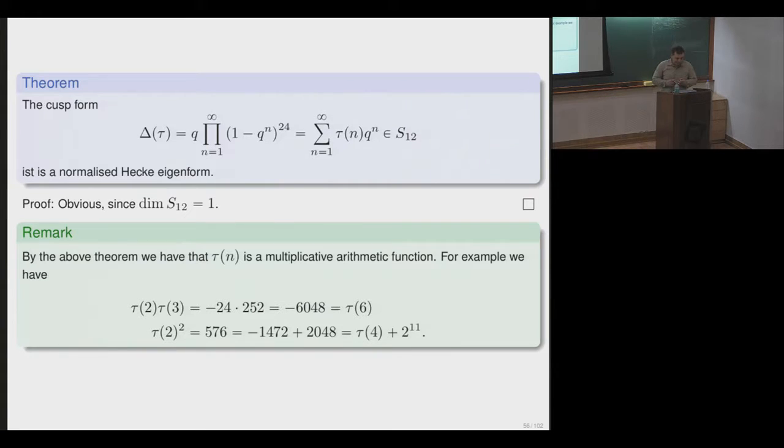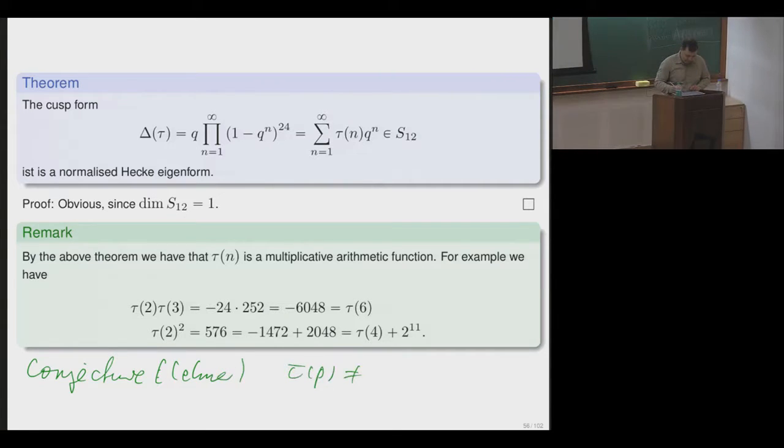Maybe when I start talking, this Ramanujan tau is very nice, and there's also the so-called Lehmer's conjecture, which simply states that tau(p) is non-zero, and if tau(p) is non-zero, then all tau(n) won't be zero.